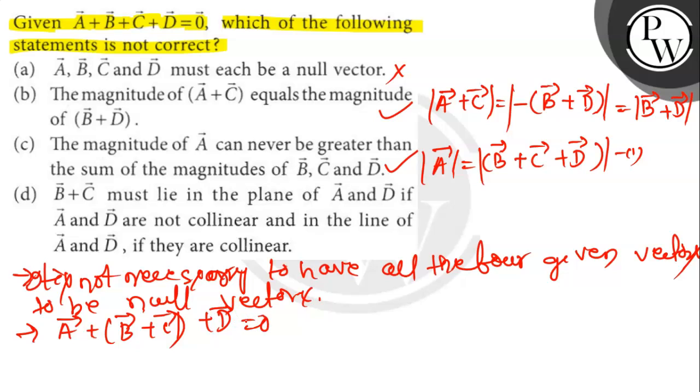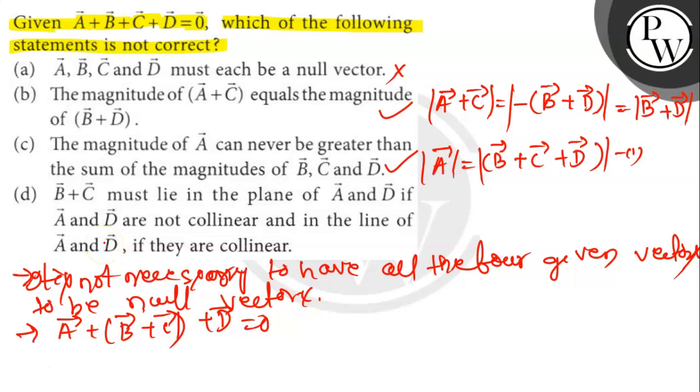So the resultant sum of the three vectors a, b plus c, and d can be 0 only if b plus c vector lies in a plane containing a and d, assuming that these three vectors are represented by the three sides of a triangle. If a and d are collinear, then it implies that the vector b plus c is in the line of a and d.